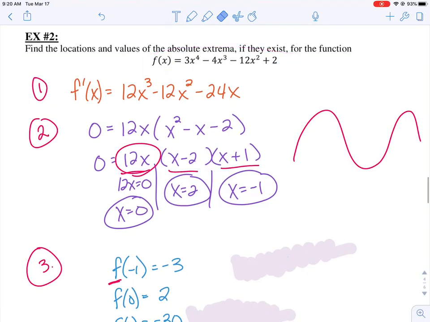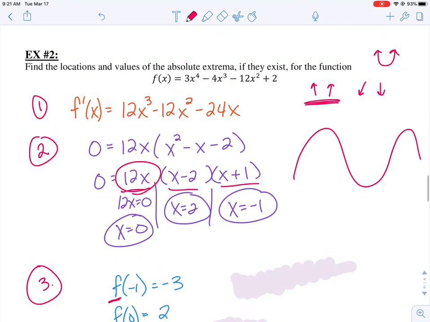Okay? So, if you remember back from college algebra, what a polynomial function looks like, if its highest degree is even, so an x to the 4th power, and the leading coefficient is positive. If the highest degree is even, then it's either going to go up, up, or it's going to go down, down. If it is a positive coefficient, like this 3 in the front, then it's going to go up, up, versus down, down.